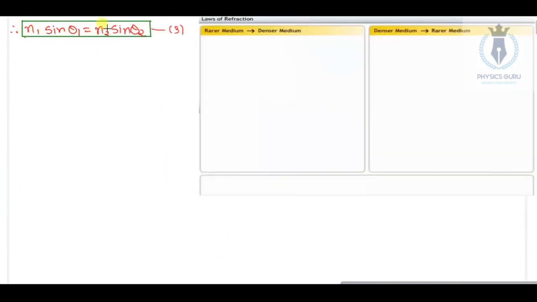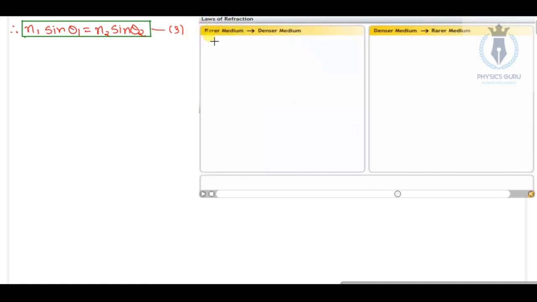Here N1 is the refractive index of medium 1 and N2 is the refractive index of medium 2. Denser medium means optically denser medium. It means a medium having a higher refractive index.